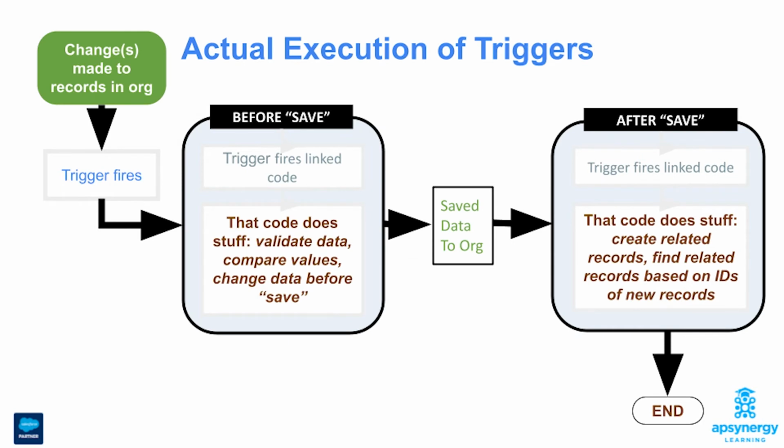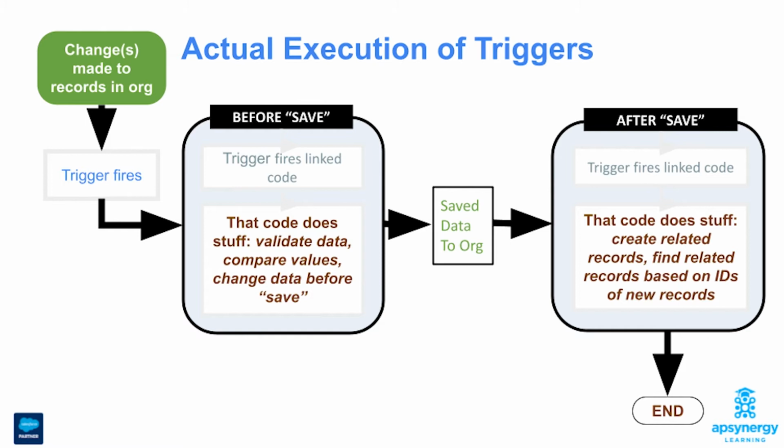Now let's look at the actual execution of the triggers of a given object. Triggers are always related to single objects or start with a single object. Thus, if you create a new contact record and there is a trigger associated with the contact object, it will fire. The before trigger actions will fire first. They'll validate data, compare values before and after a modification, and update data that's about to be saved, among other things.